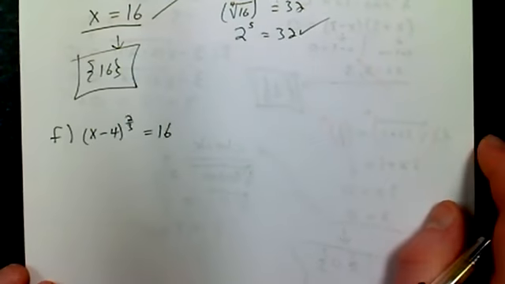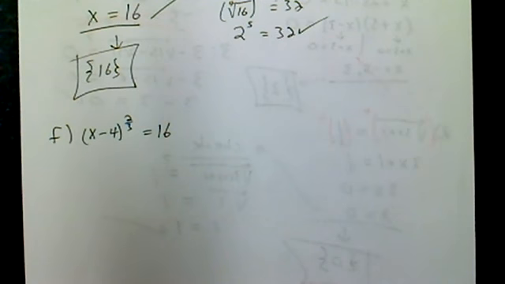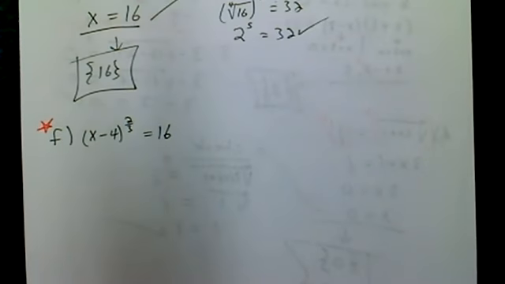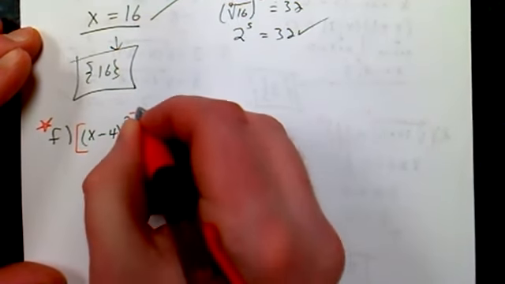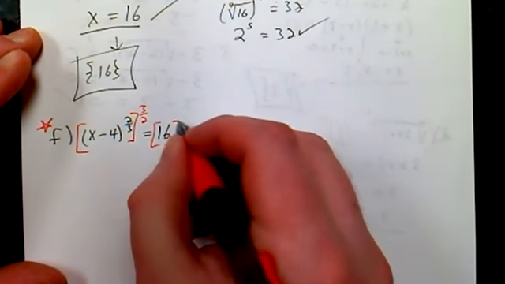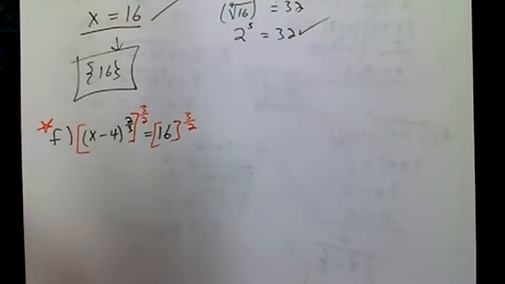If I look at F here, I have x minus 4 to the 2/3, and this one is a good one to really put a star by here, okay? So I have x minus 4 to the 2/3 power. If we do the same thing, let's raise both sides to the 3/2 power. Now we got to be careful here.